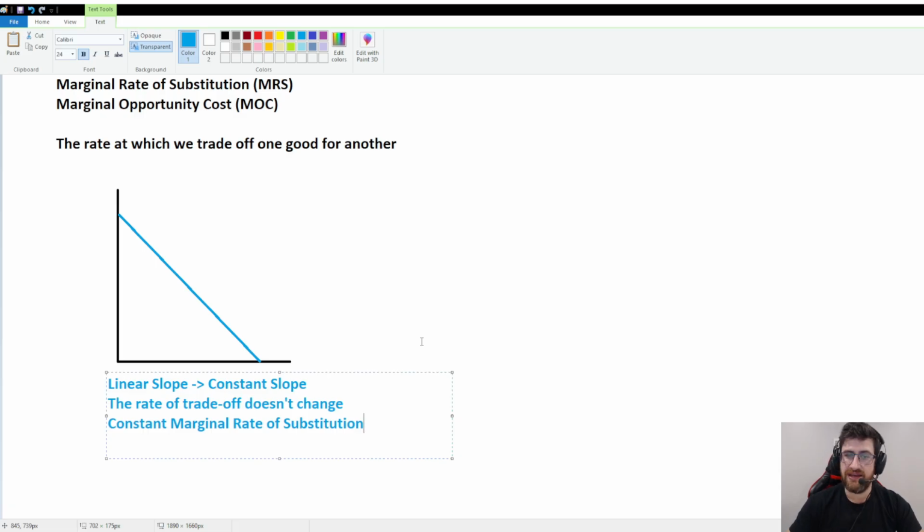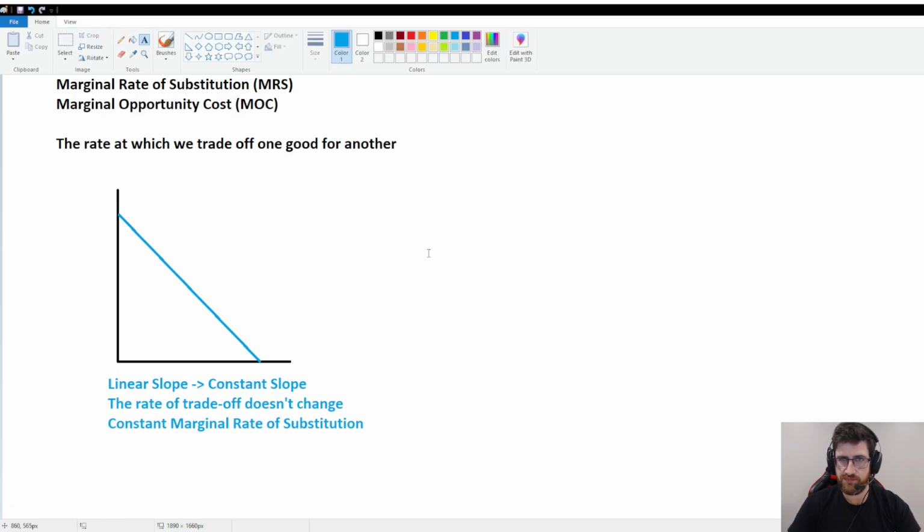The problem with that is that this is not very realistic, because we know that as something becomes more scarce, the price of that thing changes, right? So, for example, when I'm up in this area of the quadrant, well, I have a lot of good Y, but I have very little of good X, which means that, to me, Y is kind of meaningless, but X is a little more rare, right?